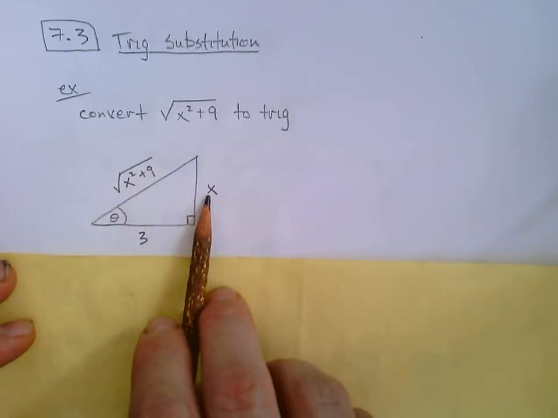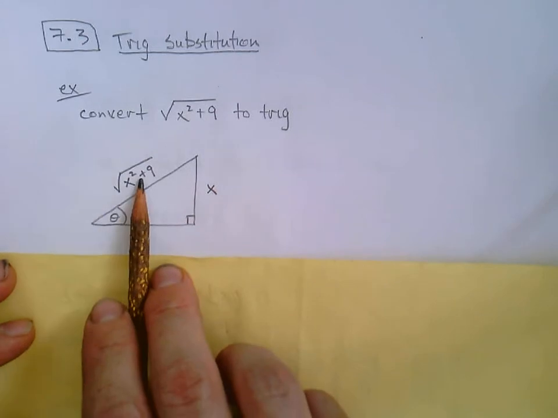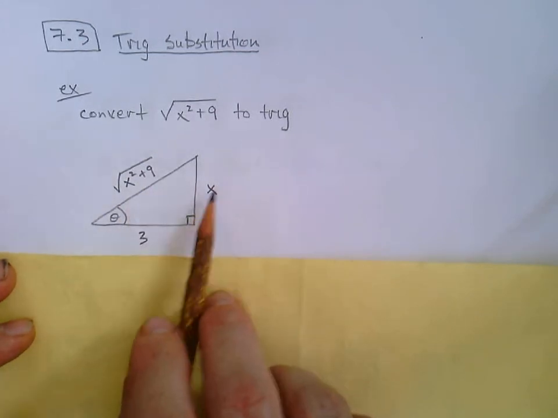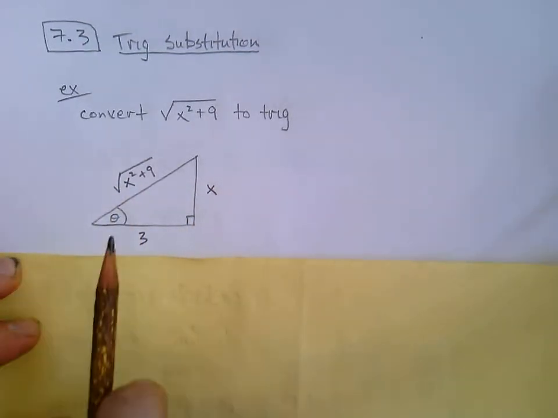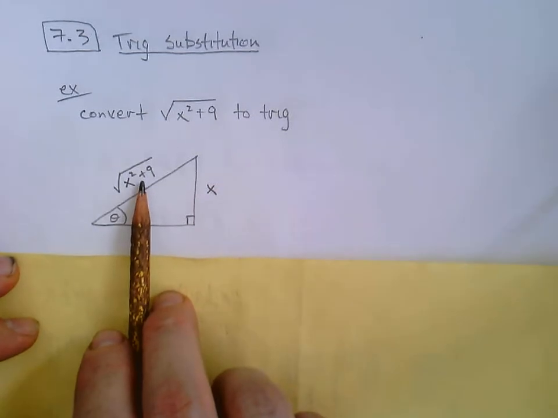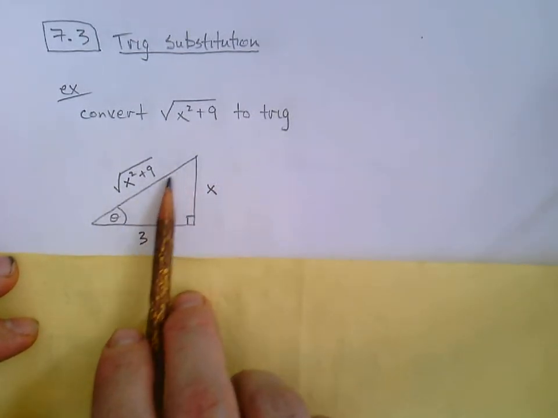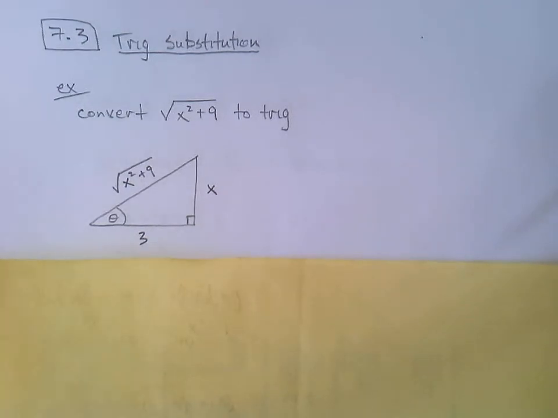Well, that'd be x squared plus 9 equals x squared plus 9. And now hopefully it's really clear why, because these were being added, it had to be on the hypotenuse. We are going to see situations with subtraction, and then those will have to be on a leg. Okay, so far so good.